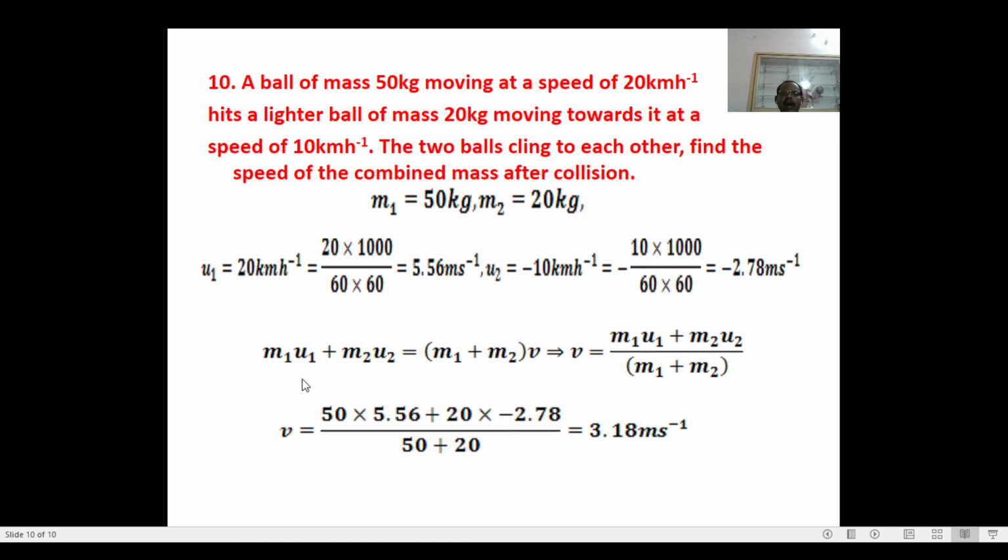Now use law of conservation of momentum. m1 u1 plus m2 u2 is equal to m1 plus m2 into v. Therefore, common velocity v is equal to m1 u1 plus m2 u2 divided by m1 plus m2. v is equal to 50 into 5.56 plus 20 into minus 2.78 divided by 50 plus 20, which is equal to 3.18 meter per second.